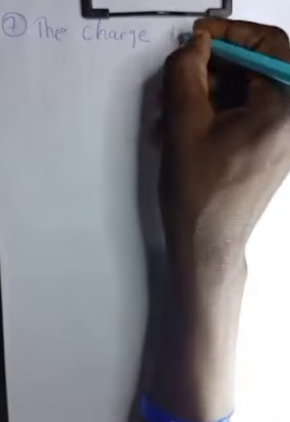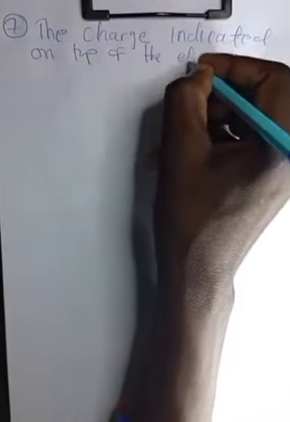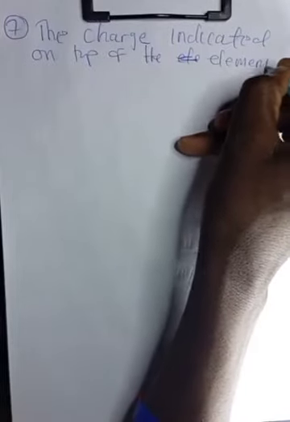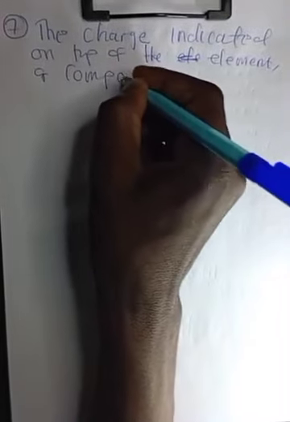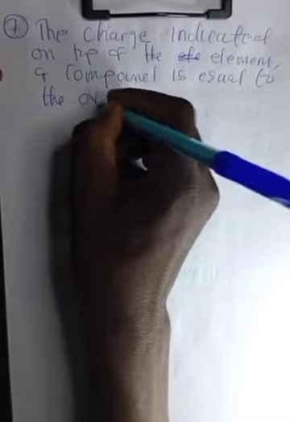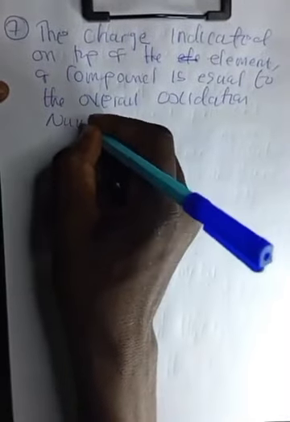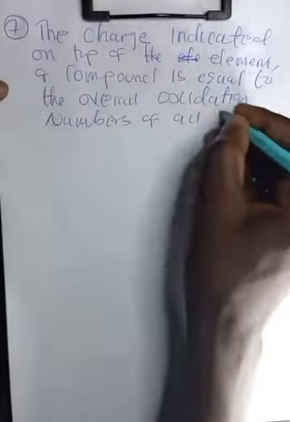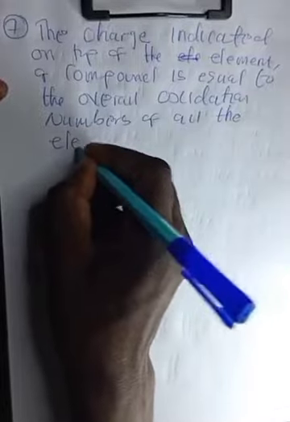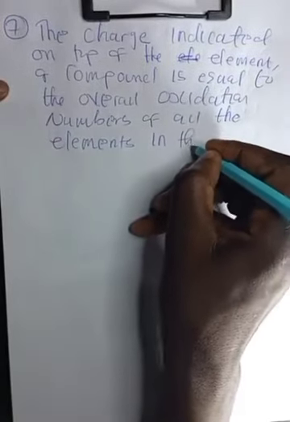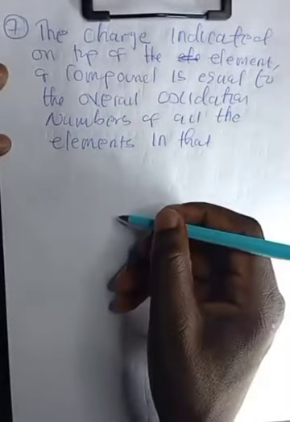Number 7, the last one: the charge indicated on top of the element or compound is equal to the overall oxidation numbers of all the elements in that compound.